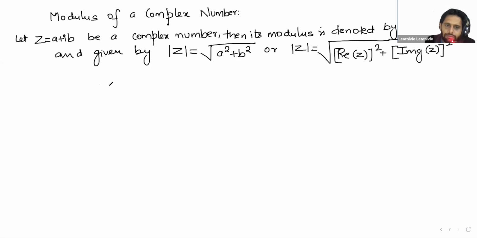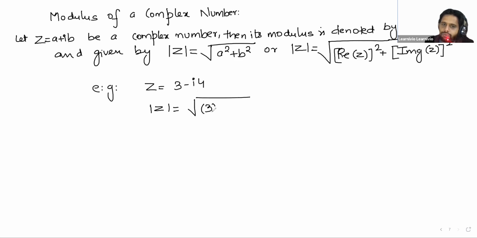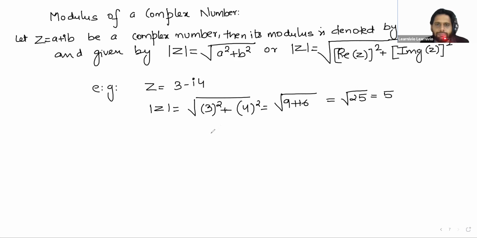For example, we have Z is equal to 3 minus iota 4. We need to find the modulus of Z. Then what will be the answer? 3 square plus, not minus, plus 4 square. So this will give you 9 plus 16, which is under root 25, and this will be equal to 5.